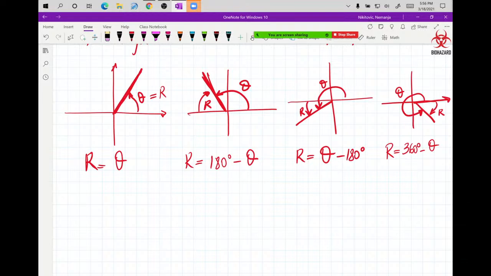Actually, it does matter, so maybe I should flip it. In that case, I should flip it here as well, right? Here. All right. So you can see that theta plus r together make 180, and then when you solve for r, you get 180 minus theta.